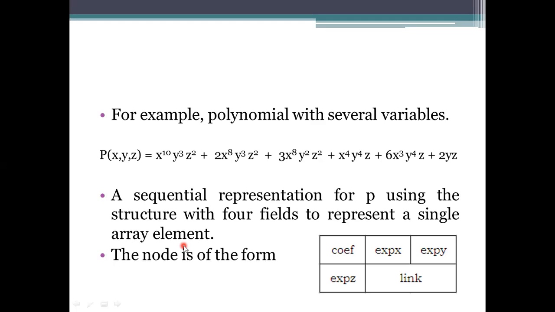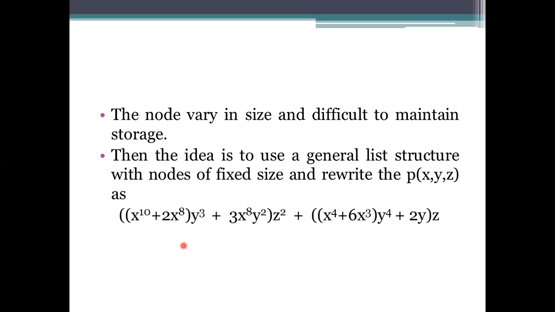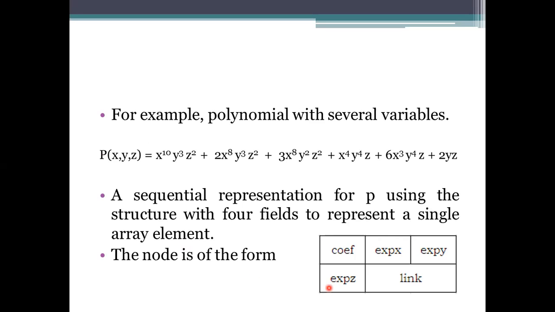For each and every polynomial term, the node consists of the coefficient and the exponents for each variable. If you have 3 variables, they are provided as exponent x, exponent y, and exponent z, and a link to the next term for processing.